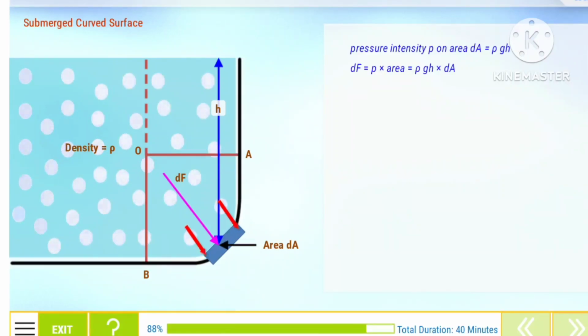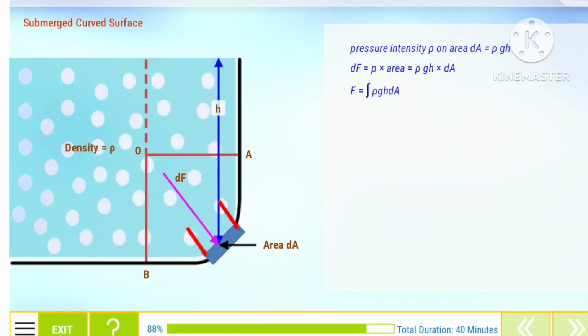Hence, the total pressure force on the curved surface F is equal to integral of rho into g into h into dA. But here, the direction of the forces on the small areas is not in the same direction and varies from point to point. Hence, integration of equation for dF for curved surface is impossible.